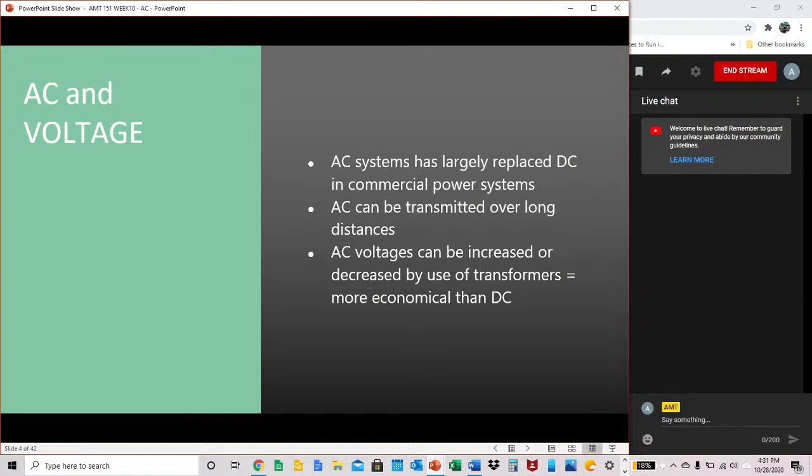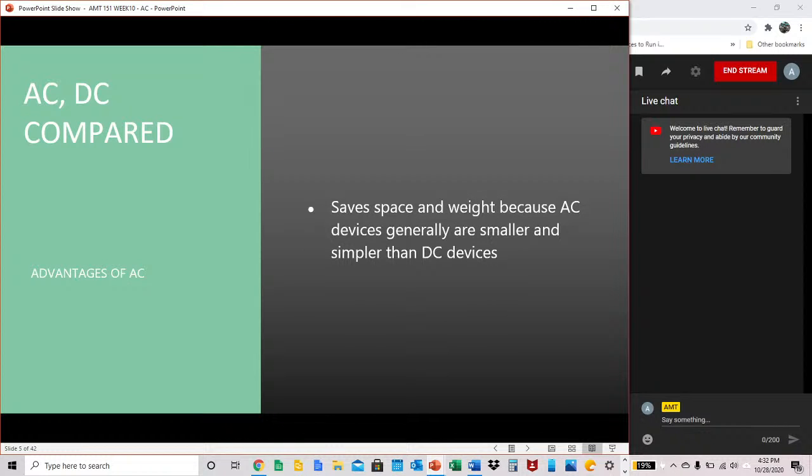Starting with alternating current and voltage. AC systems have largely replaced DC in commercial power systems. AC can be transmitted over long distances. AC voltages can be increased or decreased by use of transformers. This makes it more economical than DC. So comparing AC and DC, the advantages of AC are that it saves space and weight because AC devices in general are smaller and simpler than DC devices.